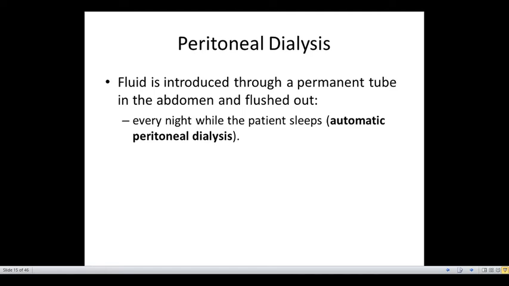Fluid is introduced through a permanent tube in the abdomen and flushed out every night while the patient sleeps. This type of peritoneal dialysis is called automatic peritoneal dialysis.